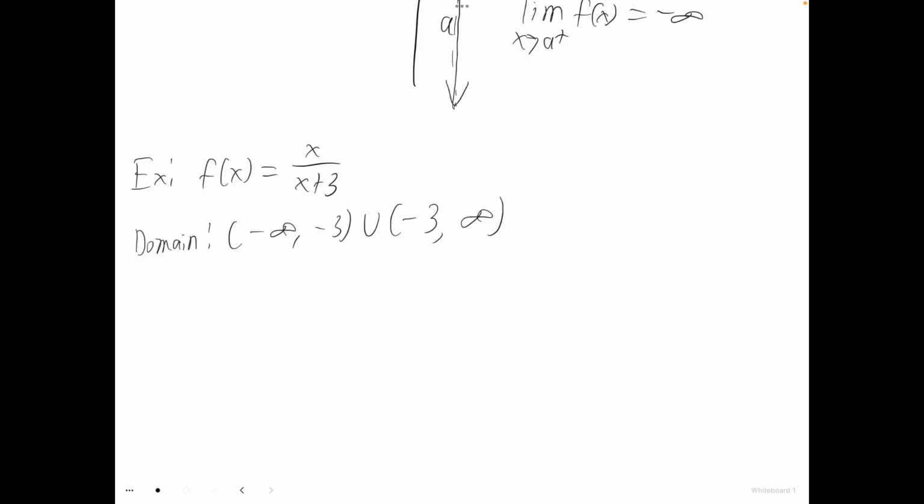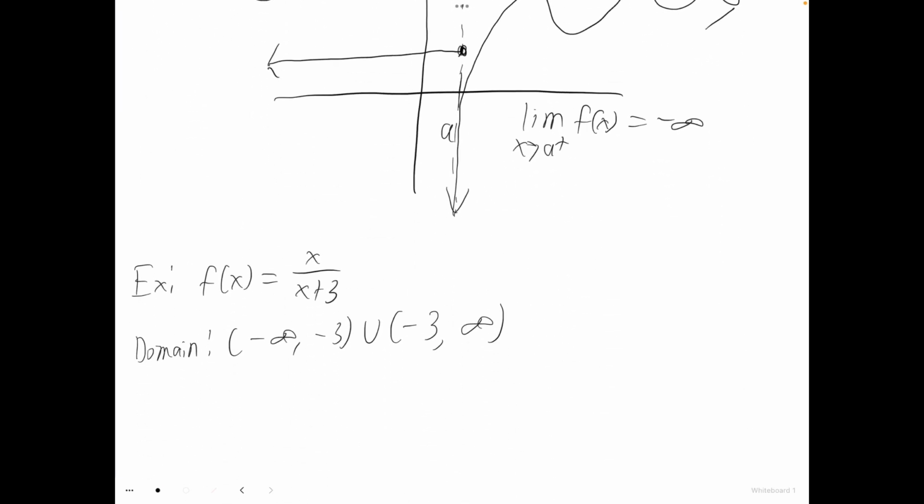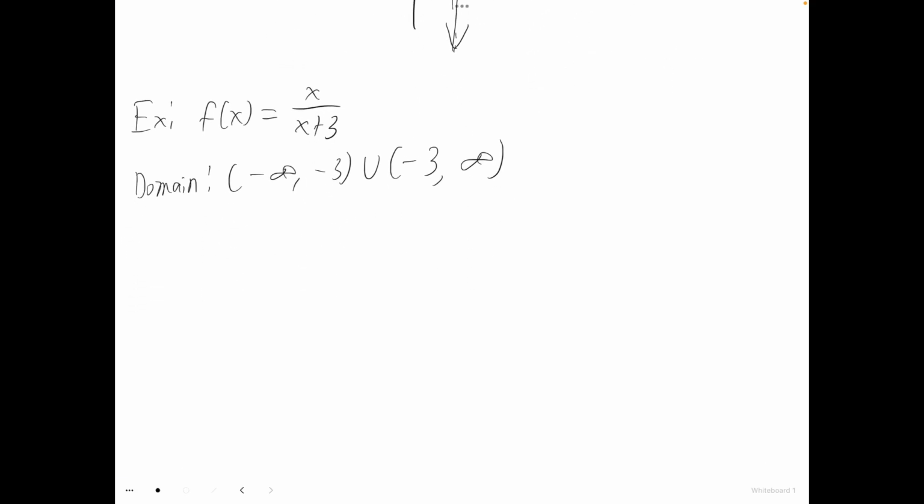Let's look at points as we get close to negative 3. Remember, we don't actually need to check both sides. We only need to check that there is a side where it approaches infinity or negative infinity. If we plug in points approaching negative 3, we could plug in something like x equals negative 2.99. Then f of negative 2.99 is equal to negative 2.99 divided by 0.01, which equals negative 299.